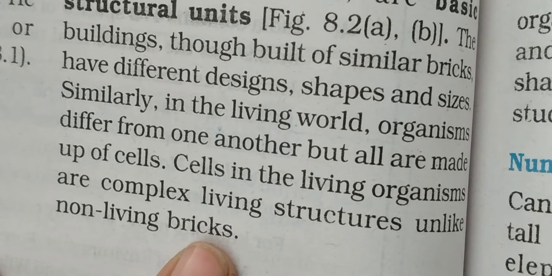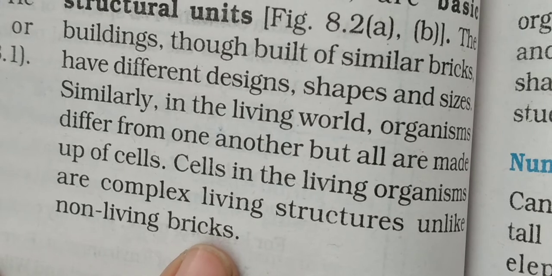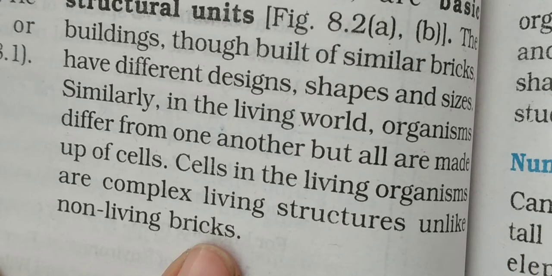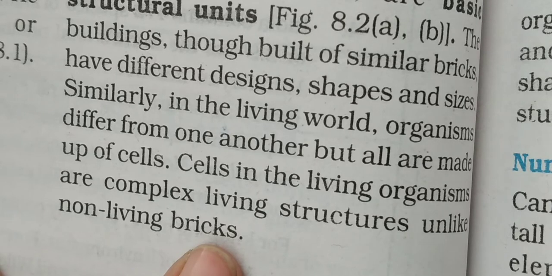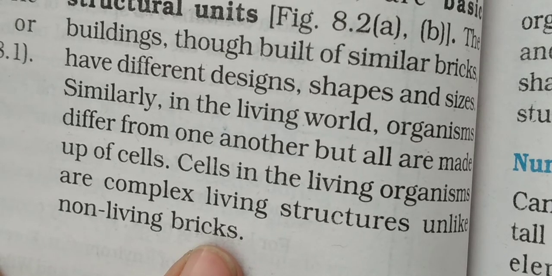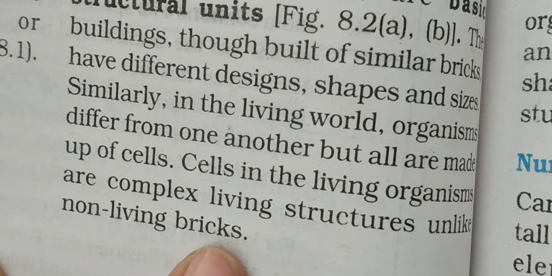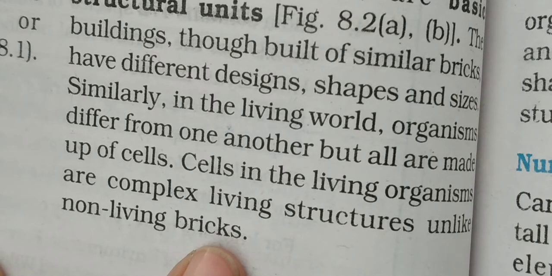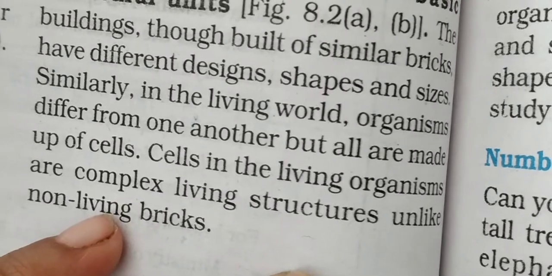The internal organs are made up of a certain type of cells, external organs, skin cells, you can talk about the cheek cells, all these cells are of different shape and size. They are not the same, they are different. So we call it cells in living organisms are complex structures. They are considered complex living structures.